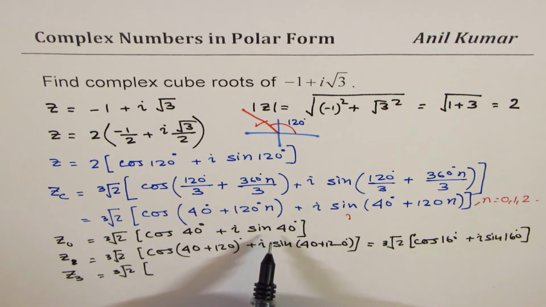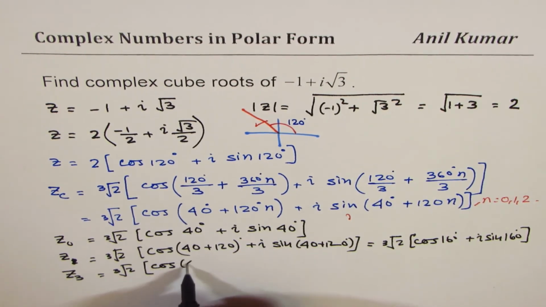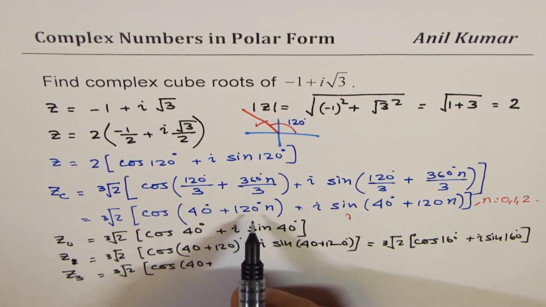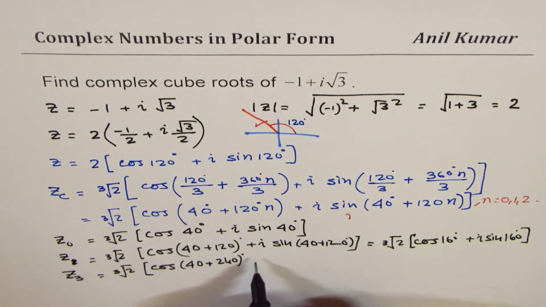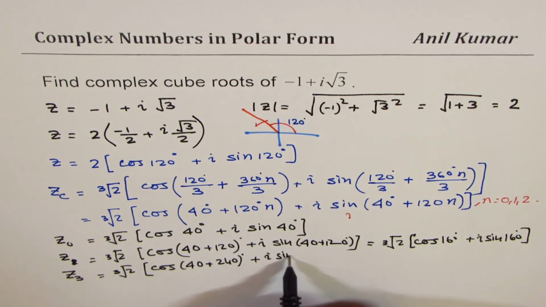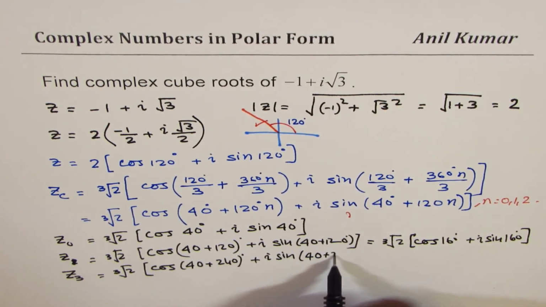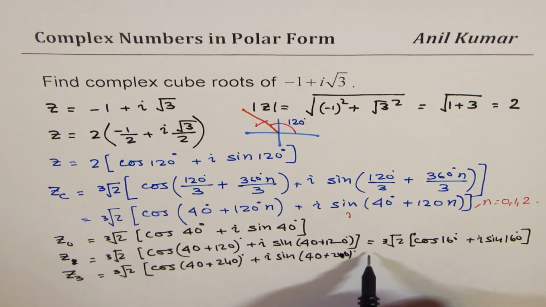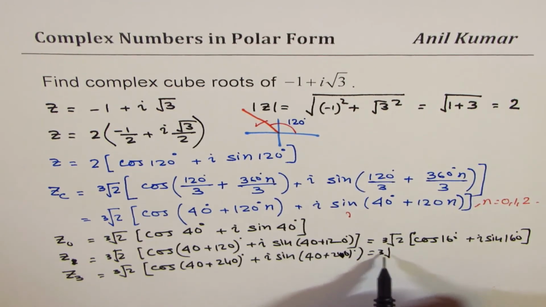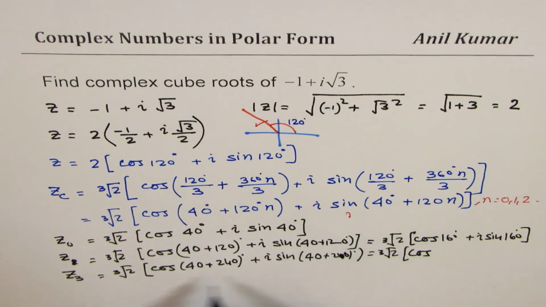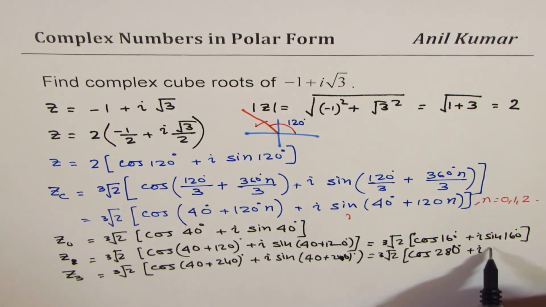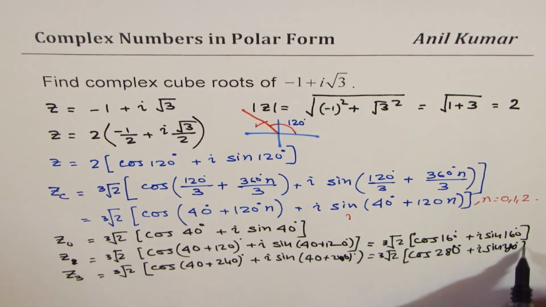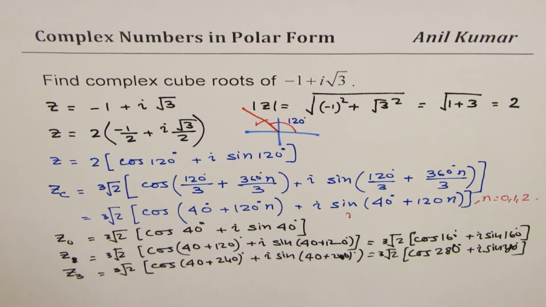If I replace it by 2, we get cos of 40 plus 2 times 120, means 240, plus i sine of 40 plus 240 degrees, which is cube root of 2 cos of 280 degrees plus i sine 280 degrees.